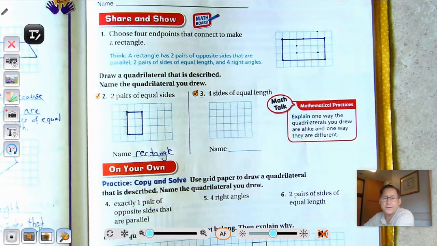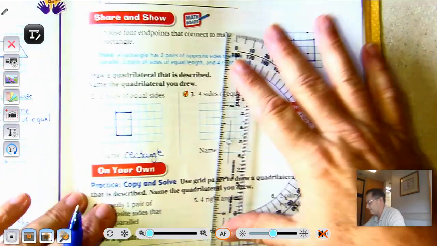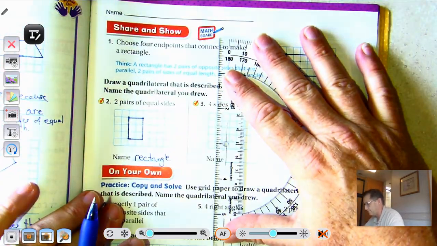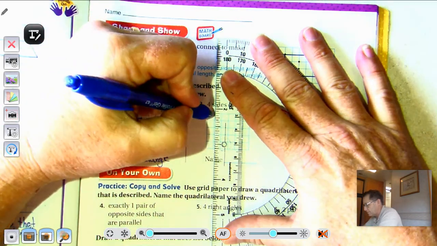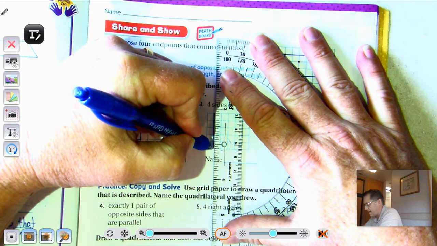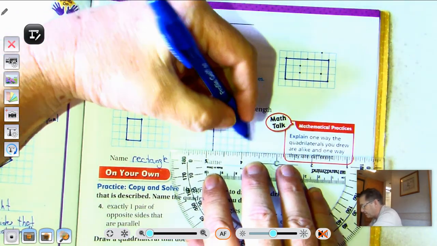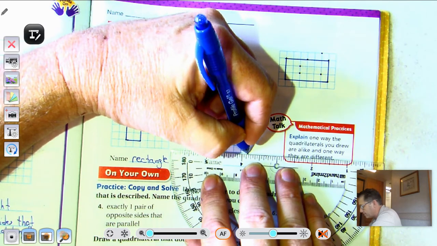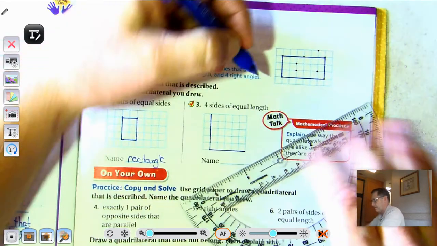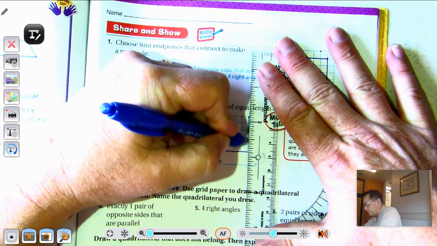All right, number 3, draw 4 sides of equal length. Okay, so that's describing a square or a rectangle. So let's see. 1, 2, 3, 4, 5. So their opposite sides are also 5.